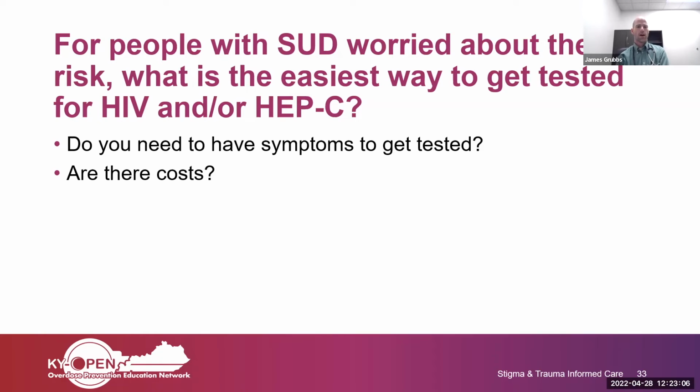So that's one way to get tested. It is possible to get at-home tests for HIV. They can get those over the internet. Sometimes they're available at drugstores, and you can buy them to get tested. Some of the downsides of getting tested that way are that there's not always post-test counseling, but at least it's a way for someone to get tested.